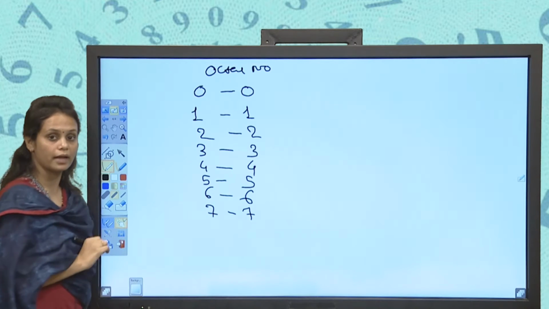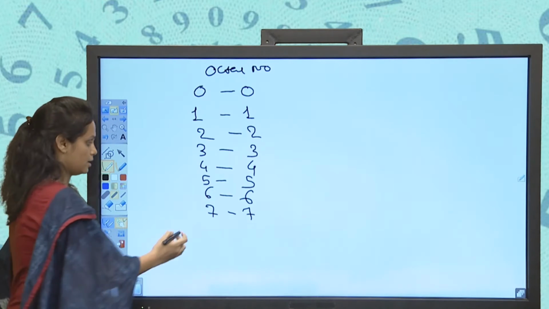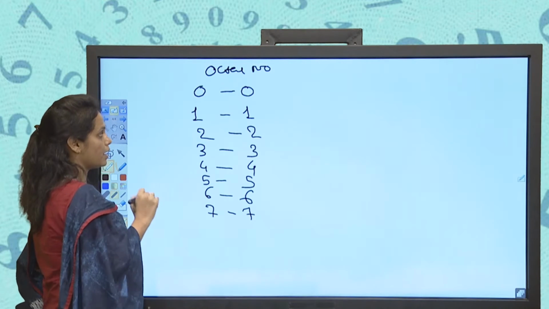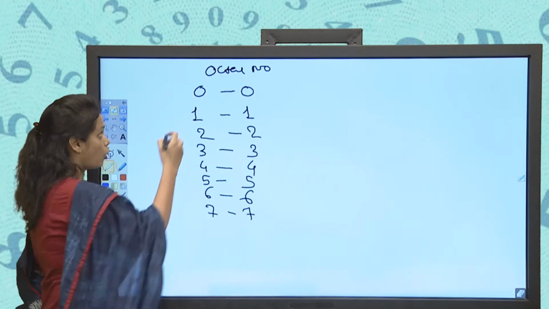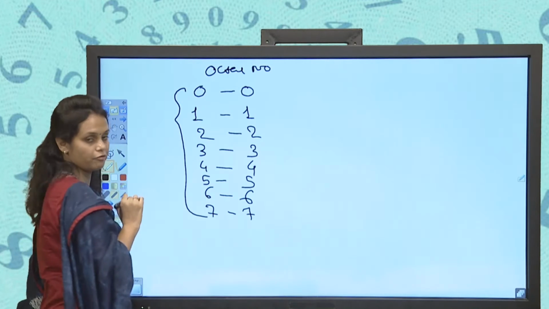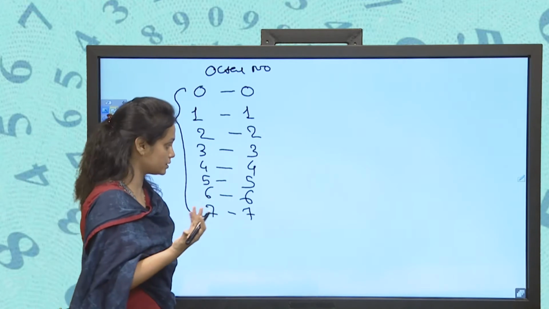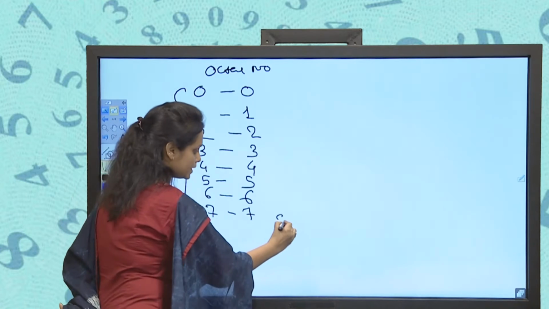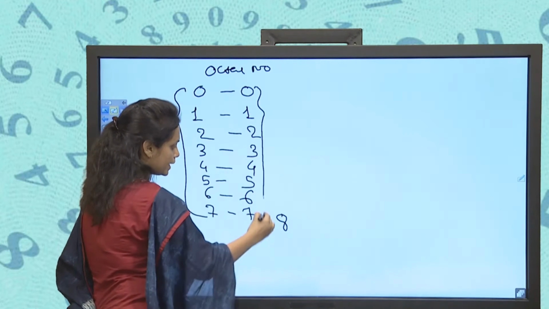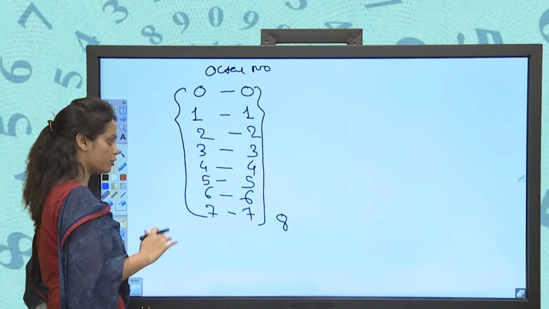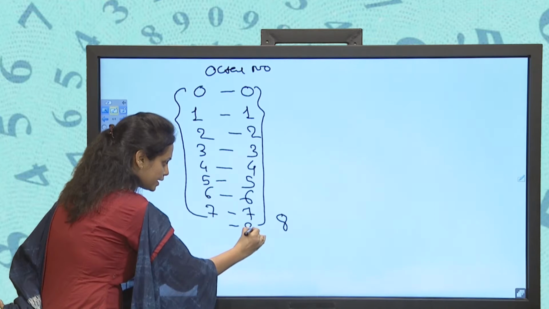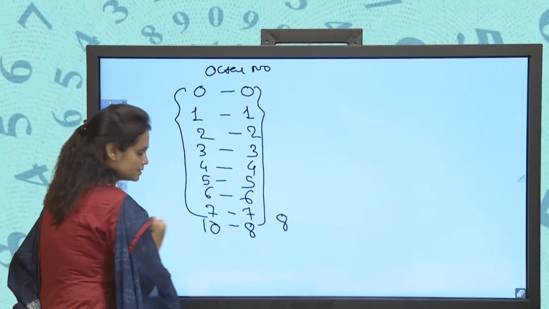Now what about 8? How will we represent 8? Again we have to use the symbols from this section only. We cannot use the next symbol because our limit is 8 and we have already used the 8 symbols. Then what will we do? We will represent 8 by the combination of 1 and 0.